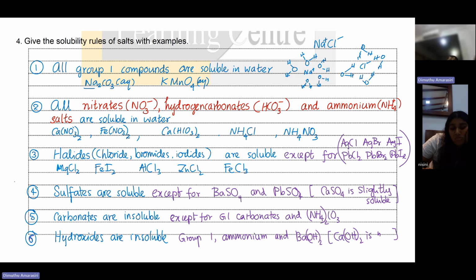Group one is soluble. Sulfate, nitrate, hydrogen carbonate, and ammonium are soluble. Bromides and halides are soluble except for silver halides.